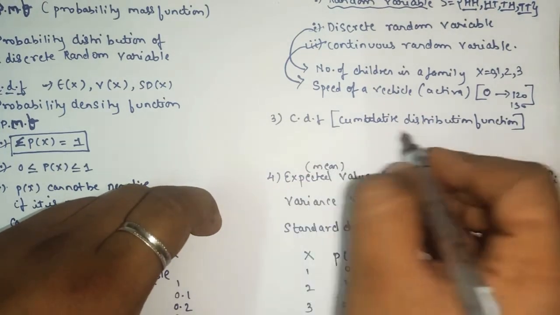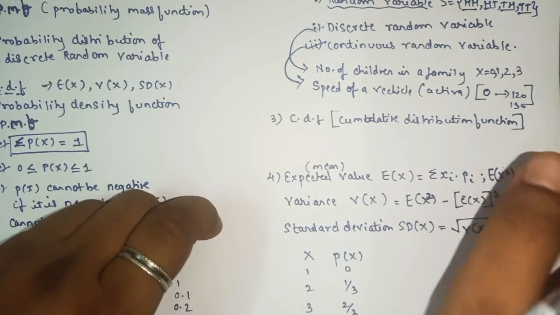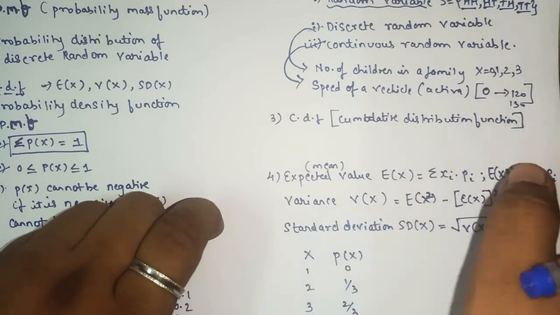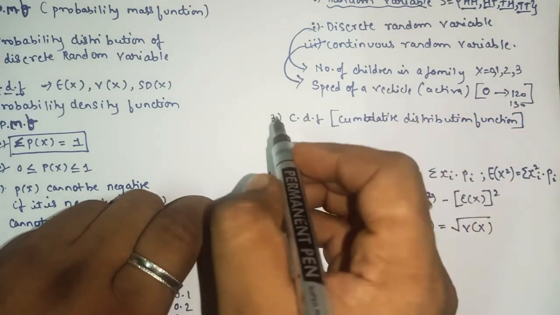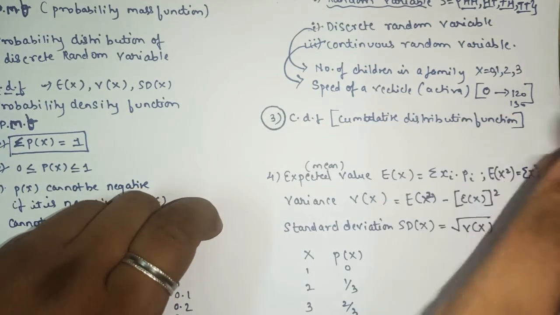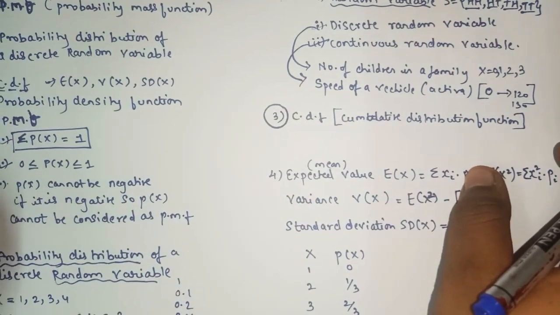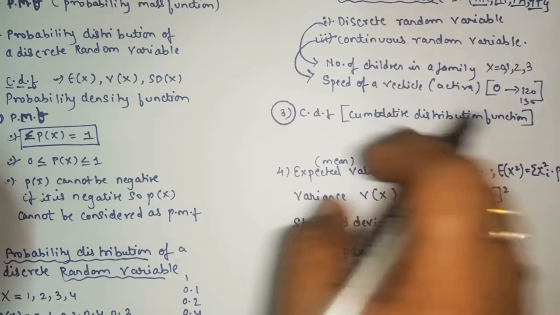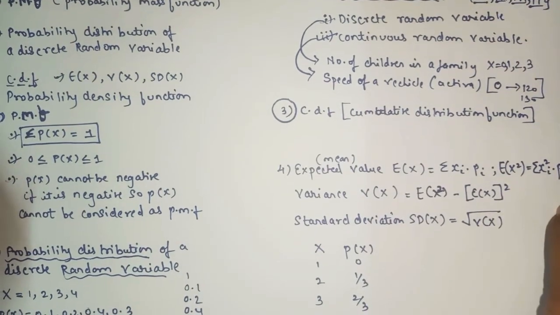Okay, so about this we'll study when we see one example based on CDF. Right now we'll skip this part. We'll see this CDF when we deal with the sum based on CDF. Okay, so this part we'll see afterwards.